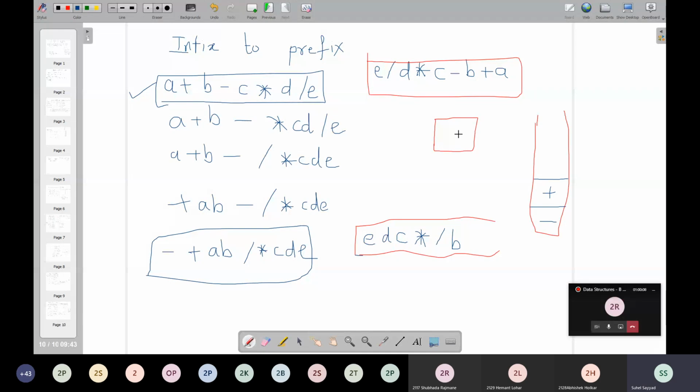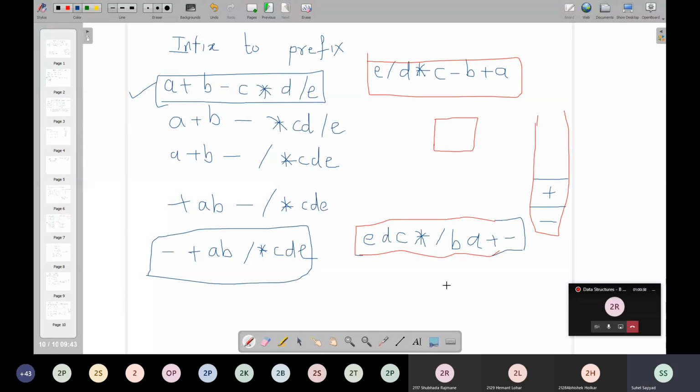Now the entire string is finished. A is also finished. Once the entire thing is finished, what we do? We perform pop. First plus will be popped and then minus will be popped. Now whatever answer you are getting, again reversal will be performed.